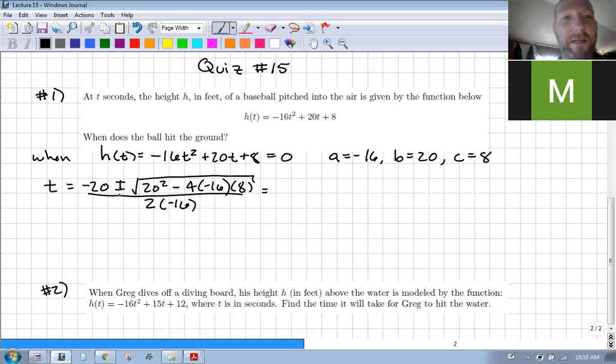So let's see, we got 20 over 32 plus or minus. See, 20 squared is 400 plus, use my calculator here. We have 4 times 16 times 8, 512.